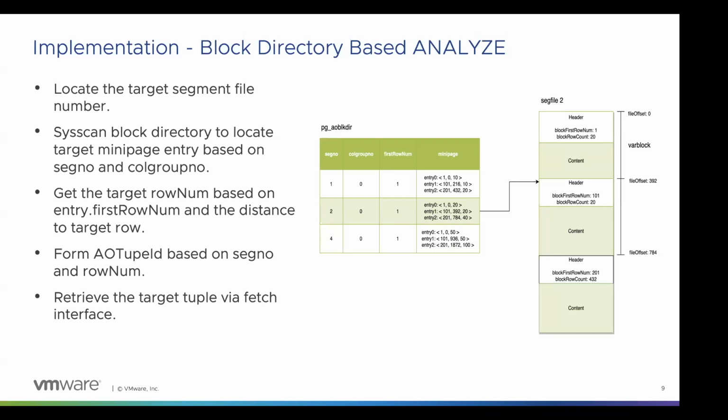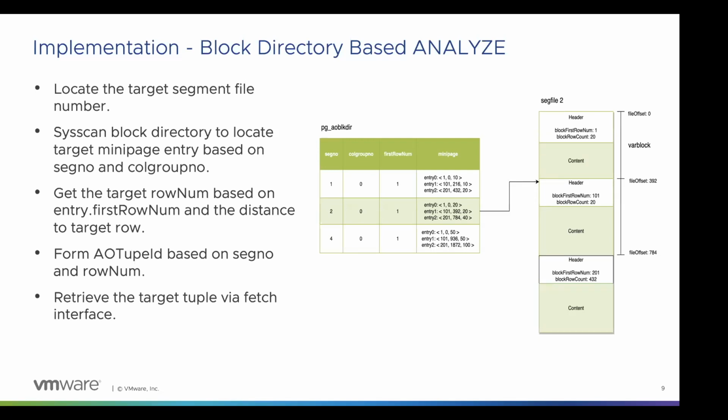So we can get the target block first row number, and we know the file offset. Based on the first row number, we can get the distance from the current target row to this first row number, and know whether the target row is covered by this var block or not.